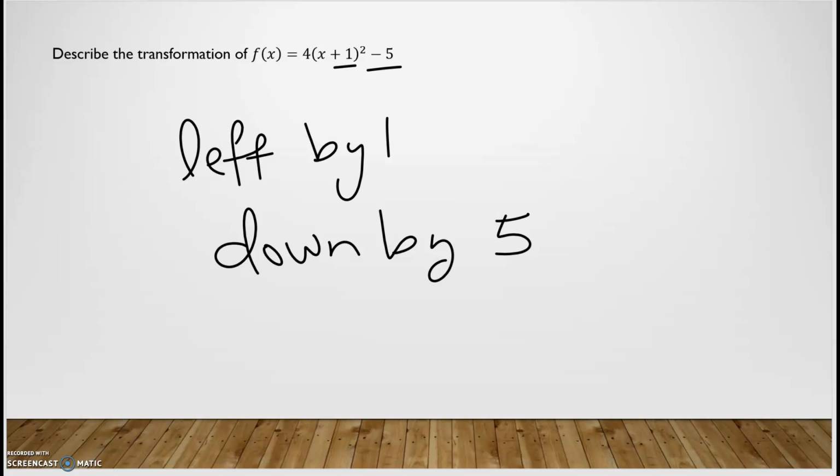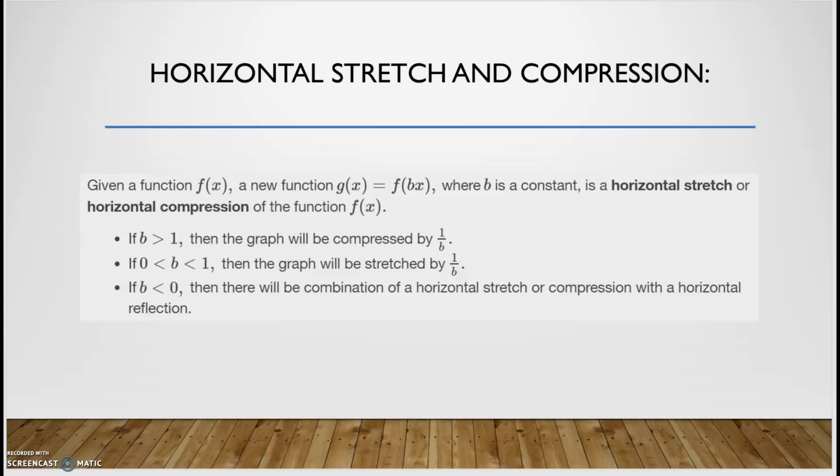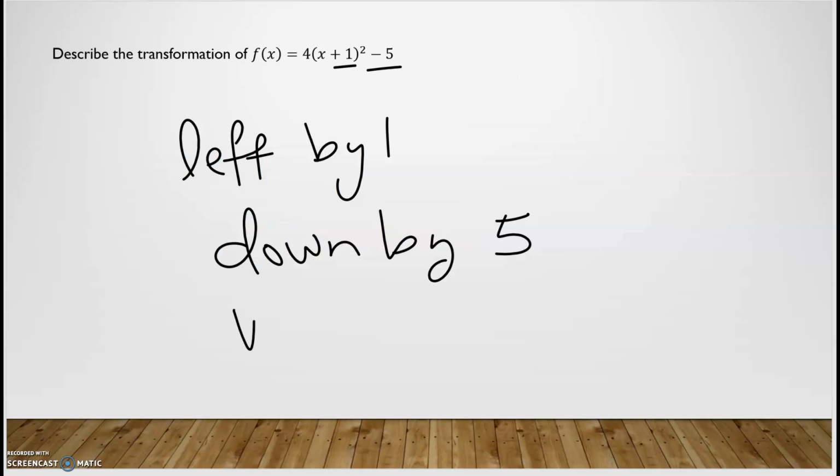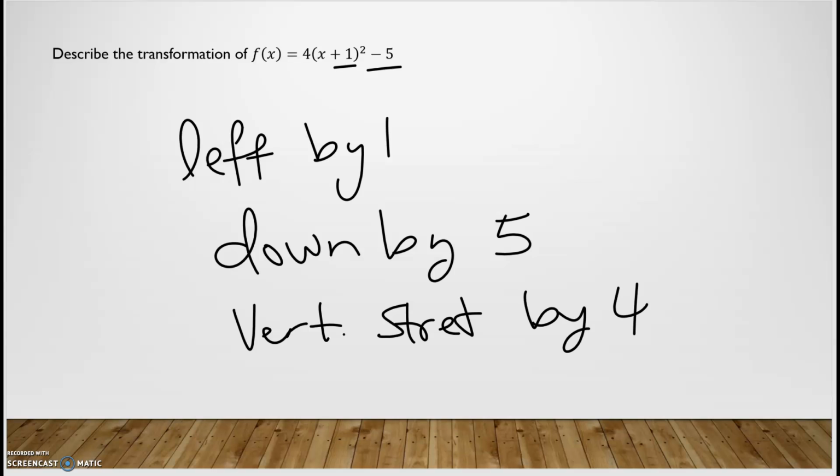So if we go back to our stretching and compressing, vertical stretching, compressing, a number in front of f of x. That number is greater than 1, so it looks like we have vertical stretching as well. So we'll say vertical stretch by 4 units, and that's what's going on there.